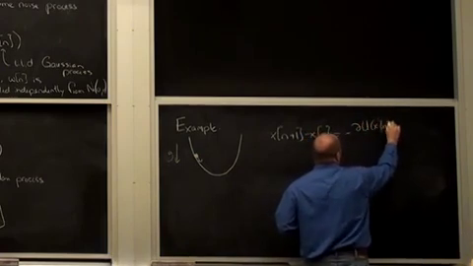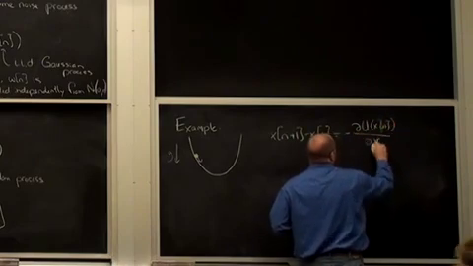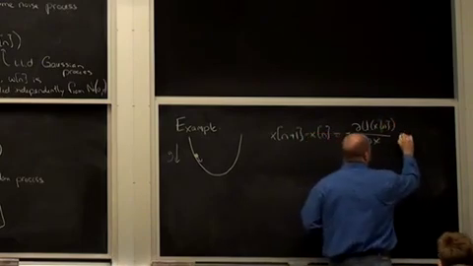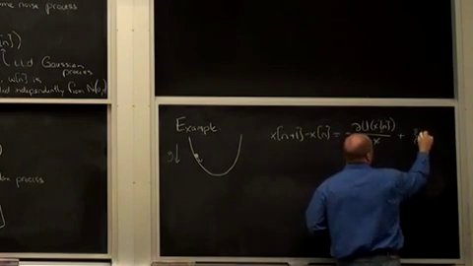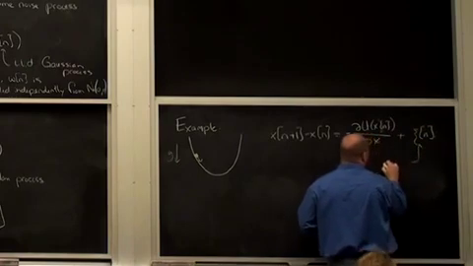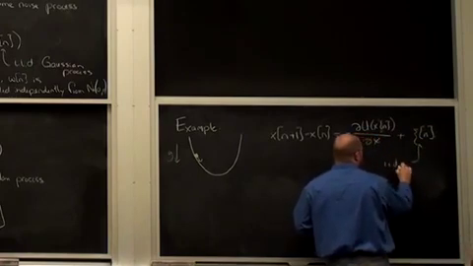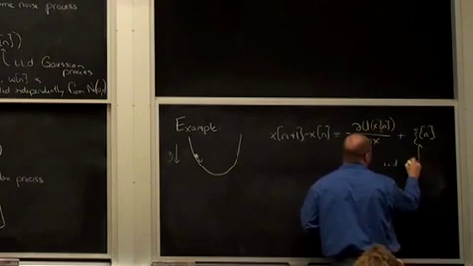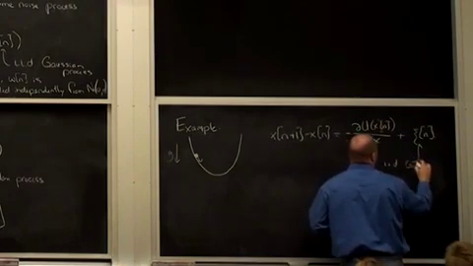It's trying to go down that bowl, plus some random noise. I'll call it Z of n. And this, again, I'll assume is IID, independent, identically distributed Gaussian noise.